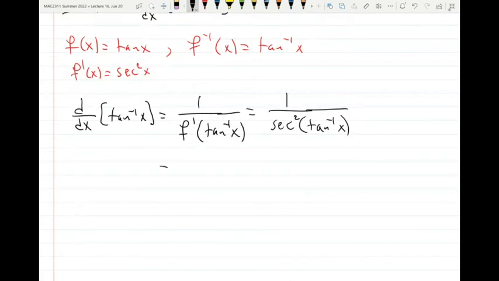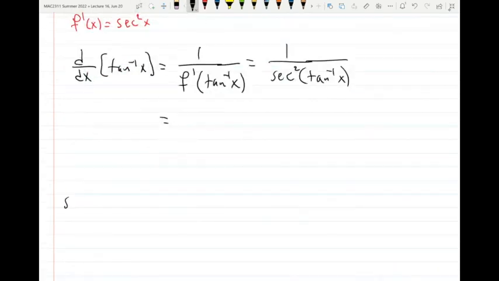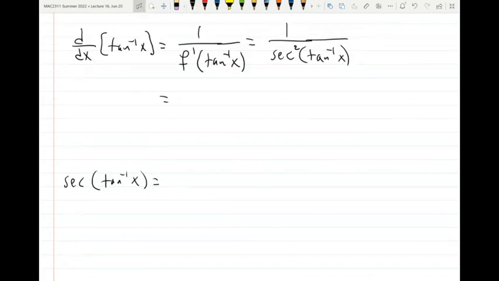So I'm going to come back here. What is secant of inverse tangent of x? Do you know how to simplify this? The whole idea here is to understand that this is an angle, right? When you do inverse tangent of something, this is an angle, and then you're doing secant of that angle. So this angle has a name.